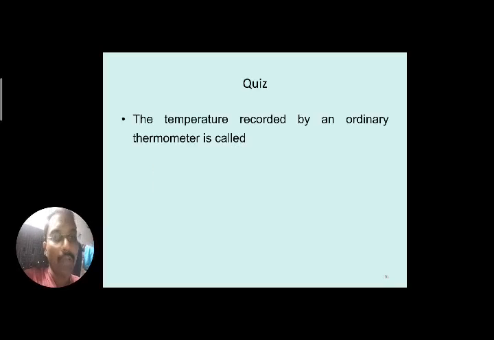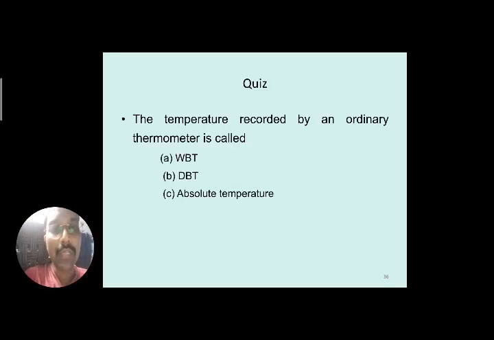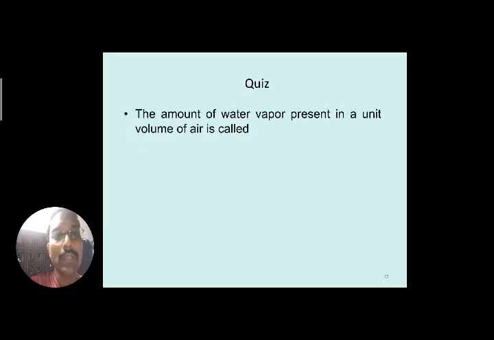Next, the temperature recorded by an ordinary thermometer is called. Simply using a simple thermometer, the temperature recorded is noted as dry bulb temperature. The options you can observe here are WBT, DBT, absolute temperature, and DPT. The answer is dry bulb temperature.